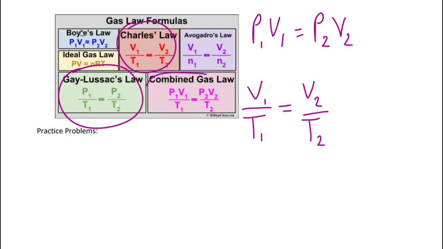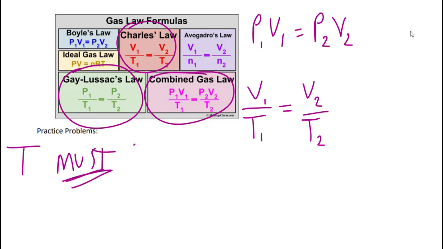And then we're going to look at the combined gas law, but just very briefly. What's really important to remember with these equations is that anytime I'm dealing with temperature, temperature must be in Kelvin, not in Celsius.